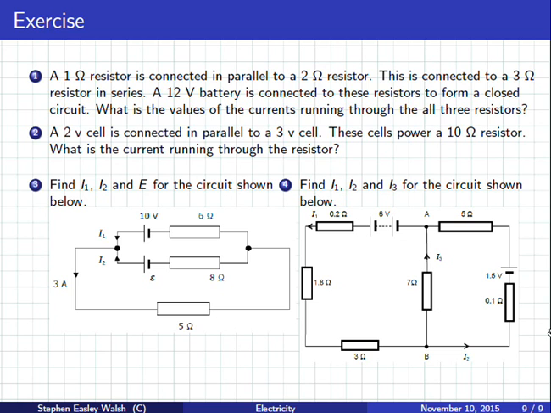Make it a little easier. And the last equation, please? 6 minus 4I2 minus 16I3 equals 0. So that is 4y plus 16z equals 6, or 2y plus 8z equals 3. So these are my three equations.